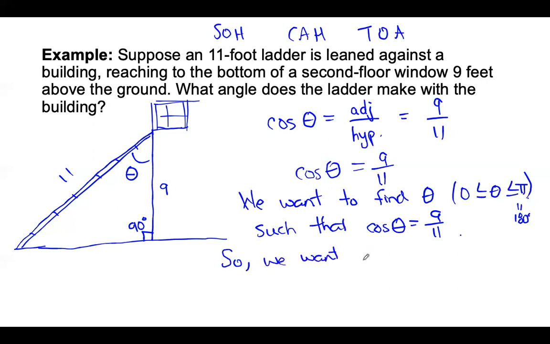So how do we solve this? We can take basically the inverse. We notice it is in the domain, it is between 0 and pi, so it checks out that box. So to find the angle, we can take the arc cos of 9/11.